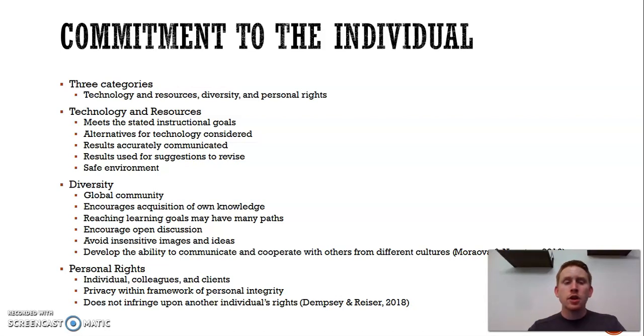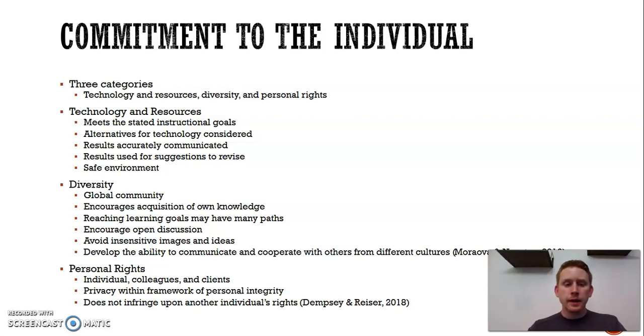Alternatives for technology are considered to benefit the instructional design. The results of the instructional design are accurately communicated, and these results are used for suggestions to revise the design. It also ensures that a safe environment is created not only for the educators, but for the participants in the design.